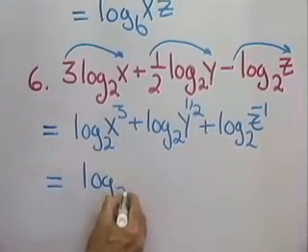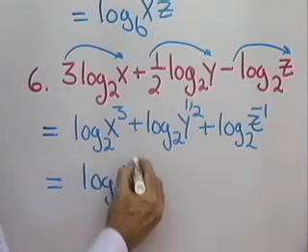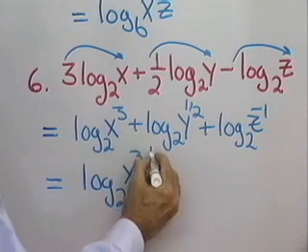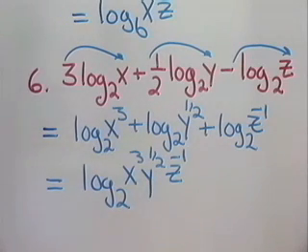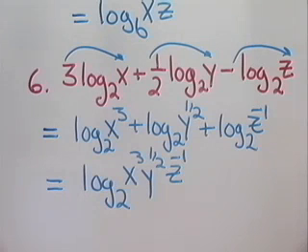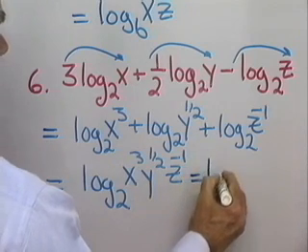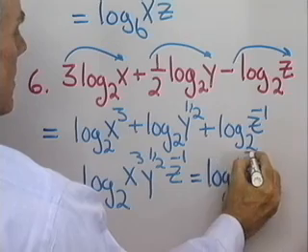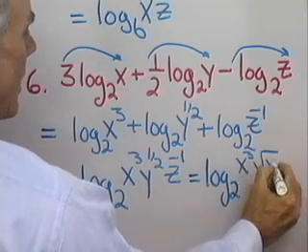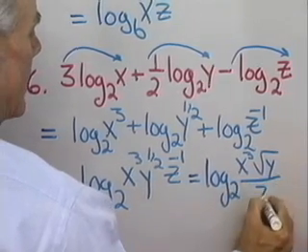logarithms to write this as log base 2 of x cubed times y to the 1/2 times z to the -1. And then if I want to simplify this further and write my exponent of 1/2 as a square root and my exponent of -1 as a reciprocal, this will become logarithm base 2 of x cubed square root y all divided by z.